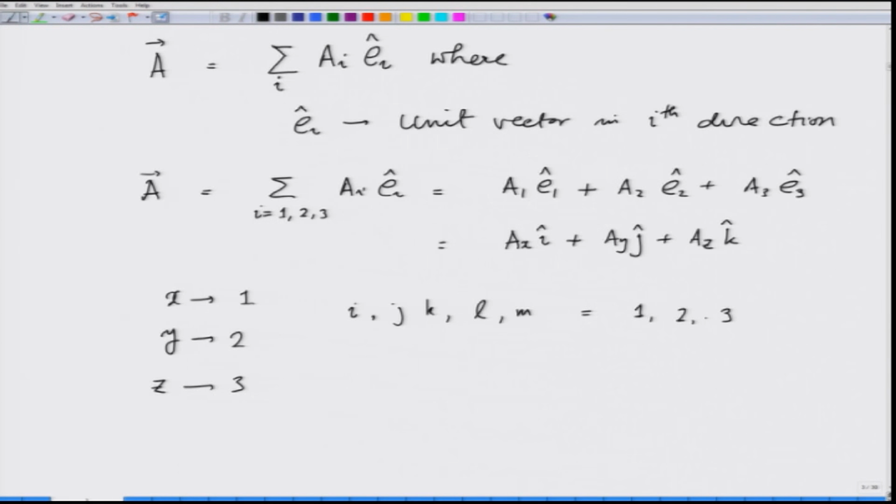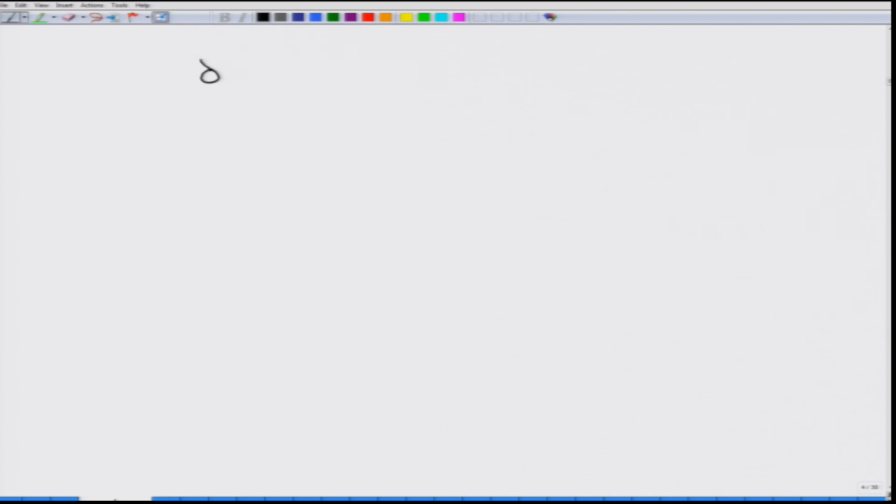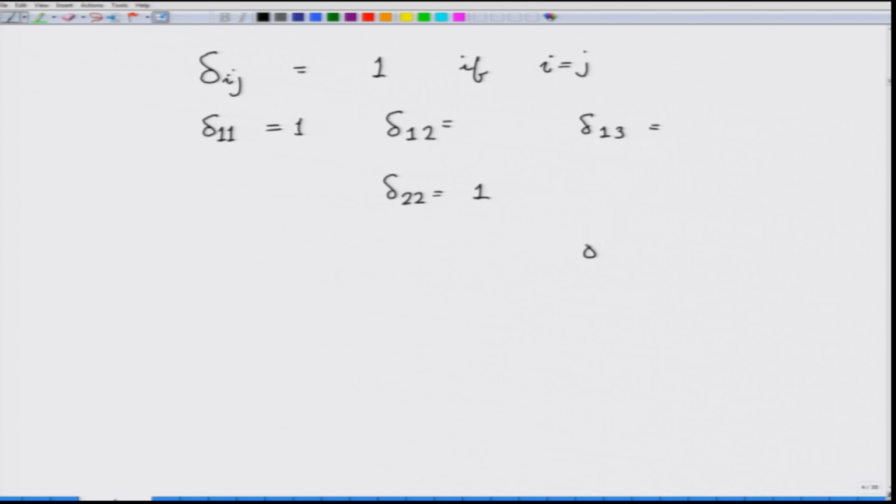So, let me now introduce the delta symbol and Levi-Civita symbol. First, the delta symbol. Delta i j is going to be defined as 1 if i equals j. That means delta 1 1 is 1, delta 2 2 is 1, delta 3 3 is 1.